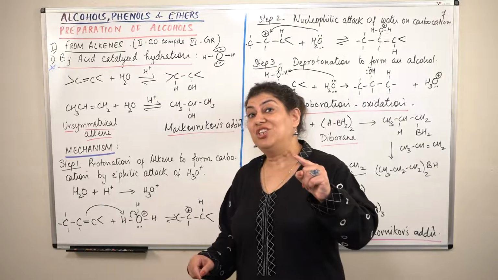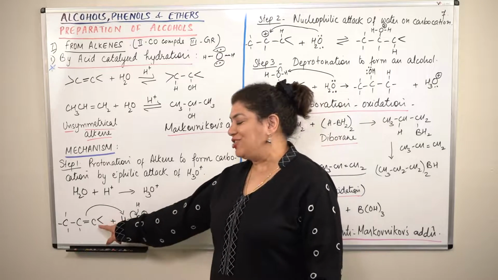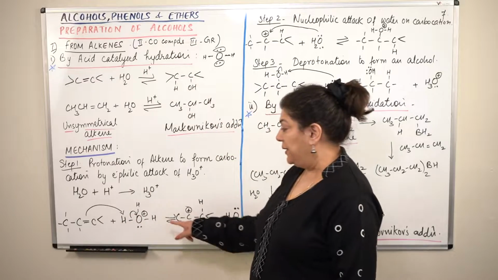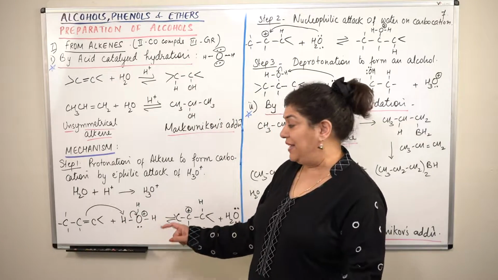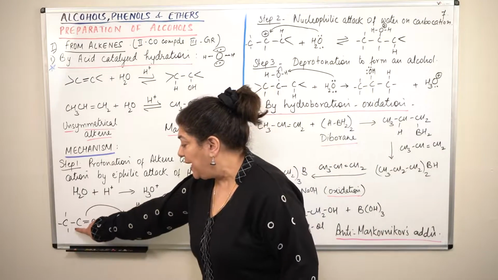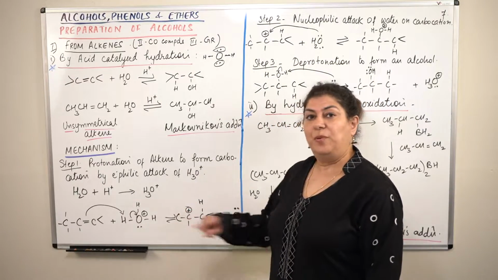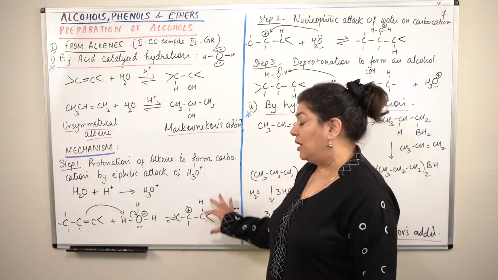But the positive charge will get attached to the carbon which has larger number of hydrogens. That is why the hydrogen we find is adding to this carbon and not this carbon. And this carbon gets a positive charge. So this becomes a carbocation.